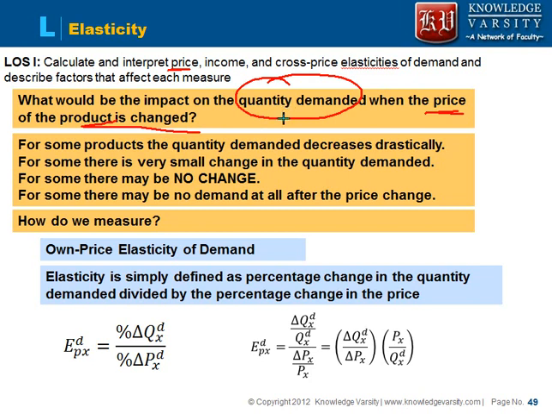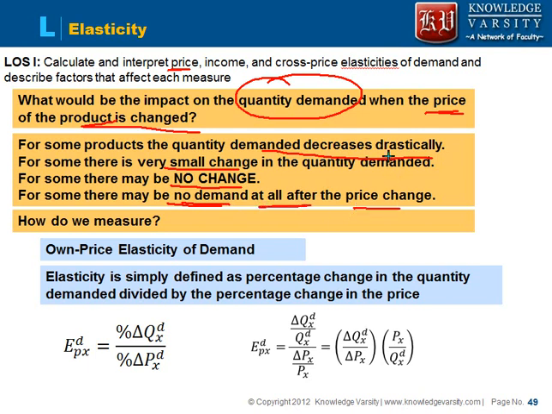You will see that for some products, if the price is increased slightly, the quantity demanded would decrease drastically. For some there may be a very small change in the quantity demanded. For some products you would not see any change, and in some there may be no demand at all after the price change.